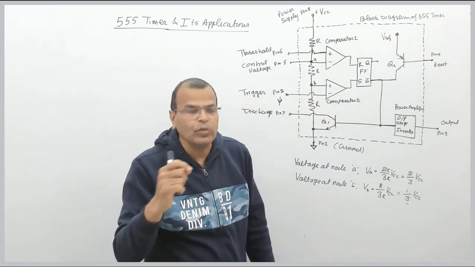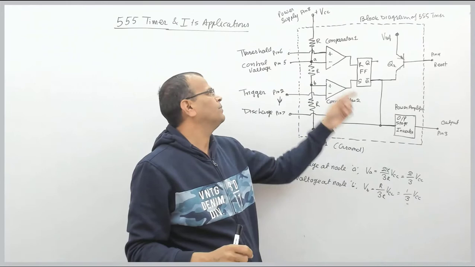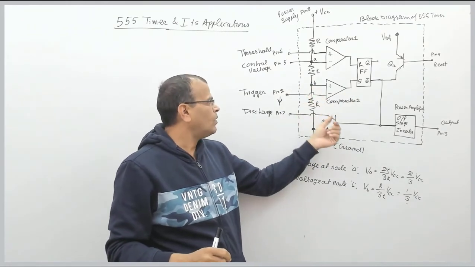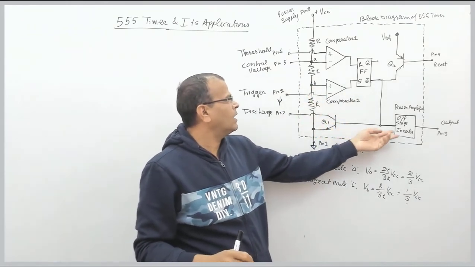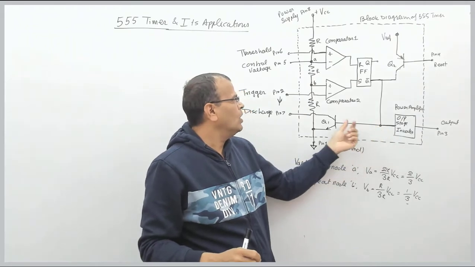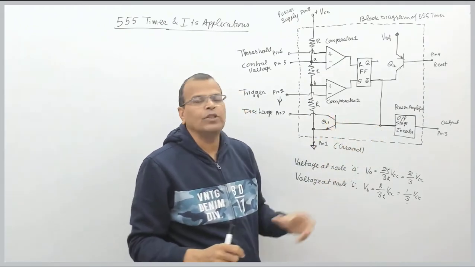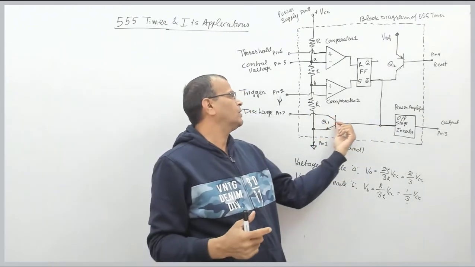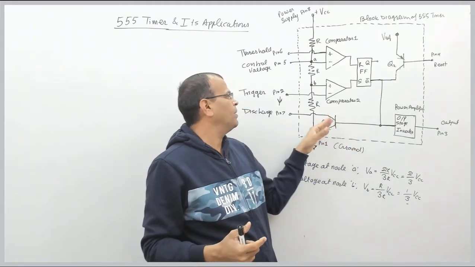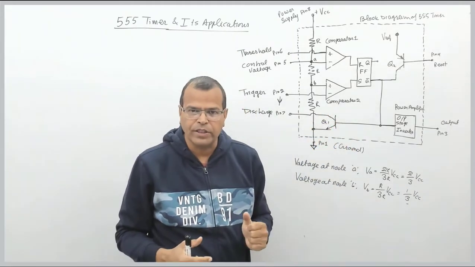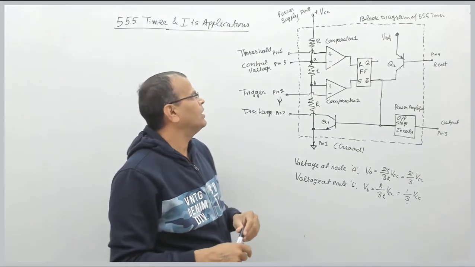That is what I am trying to say. And now when this is high, this is low, so this transistor will be off. This transistor is used like a switch, so it will be off and pin number 7 will be isolated, right? So that is how it happens.